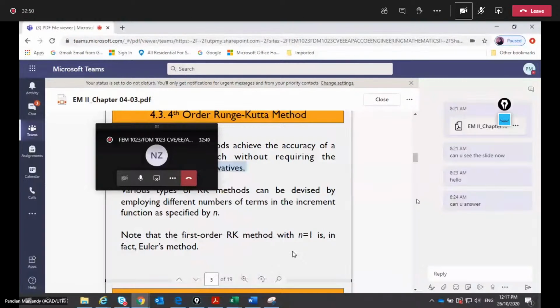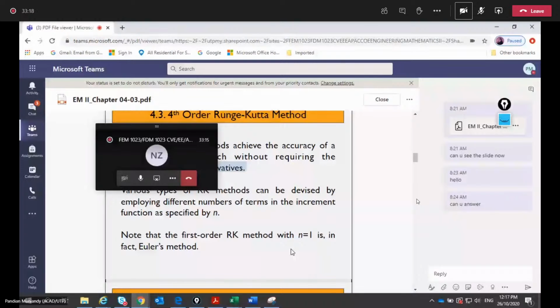So, giving you some background: the first order Runge-Kutta method with n equals 1 is in fact Euler's method. So it goes back to the original Euler's method, first order, then second order, third order. Now we are in the fourth order. For the second and third order, we are not going to do anything here.